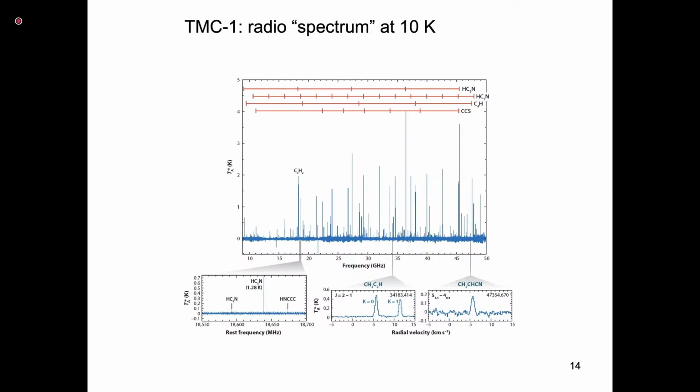All of these lines have been assigned, and the assignments you can see with the red vertical lines. The red vertical lines to the far right are a very strange molecule, CCS, which doesn't really exist for very long in the laboratory, but spectroscopists have seen it.